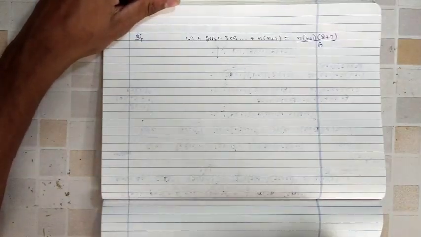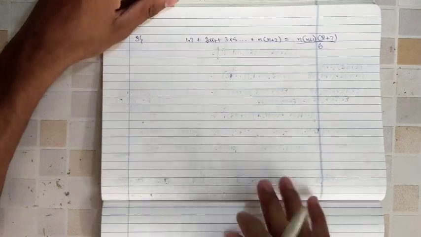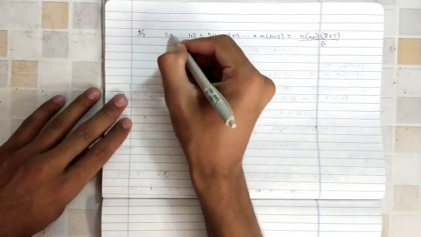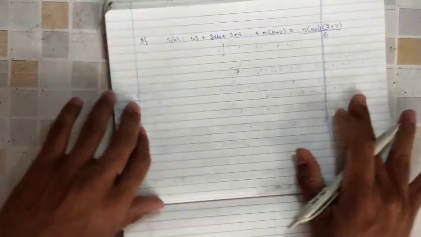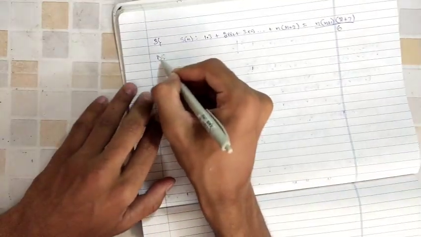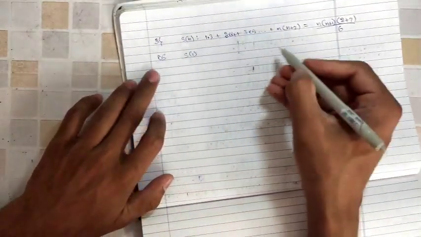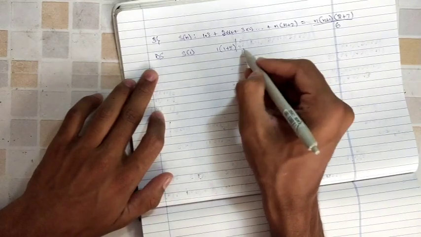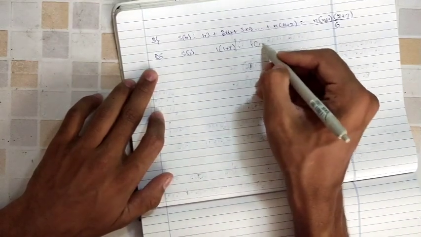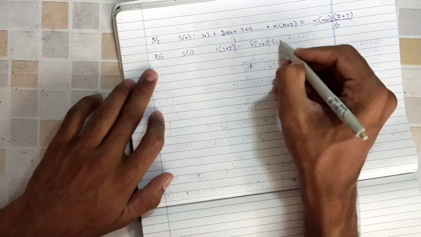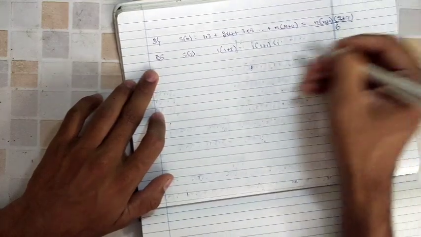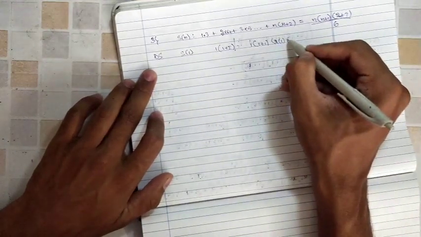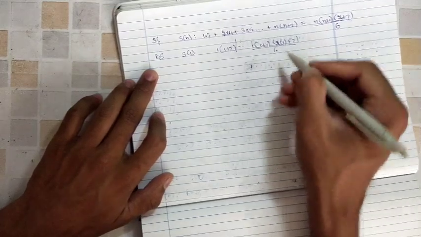Okay, so now how will I do this? First I have to say that given s of n is this. First the basic step, s of 1. I will take 1 into 1 plus 2 is equal to 1 into 1 plus 1 into 2 into 1 plus 7, the whole divided by 6.